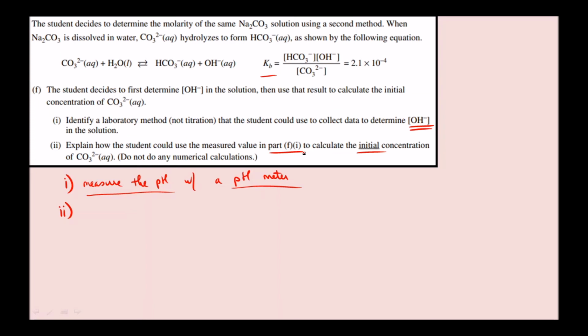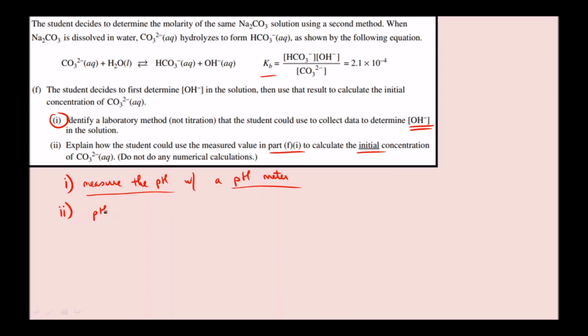Then part I wants a method to determine OH- concentration. And now in part II, it wants us to use the value from the previous part, which was pH. So let's use pH to calculate OH-, because part F says that in order to calculate the initial concentration of carbonate ion, we first need to calculate the OH- concentration.